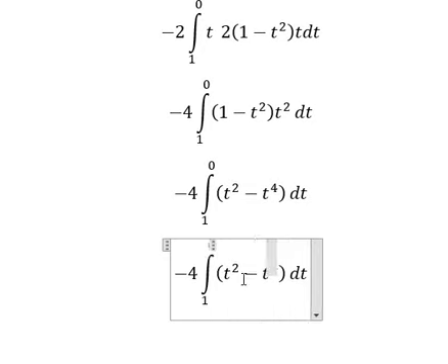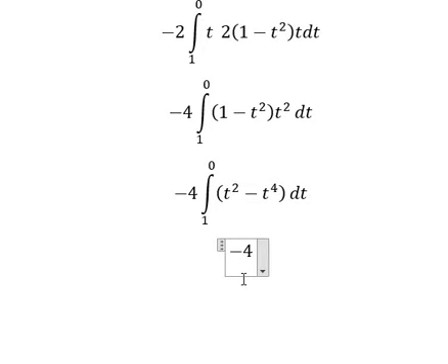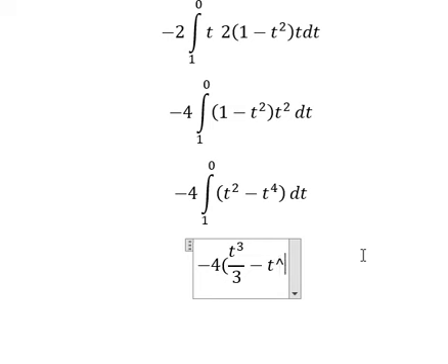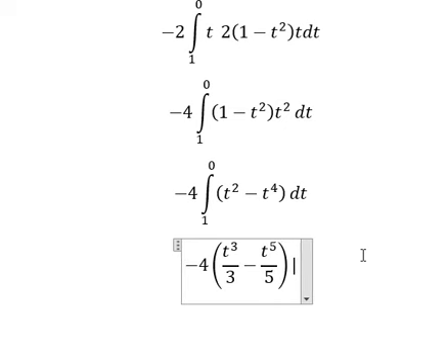So the integration of t square is t to the power of 3 over 3. The next one is t to the power of 5 over 5. And we put the bounds from 1 to 0.